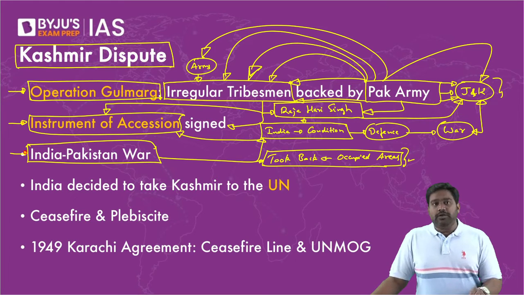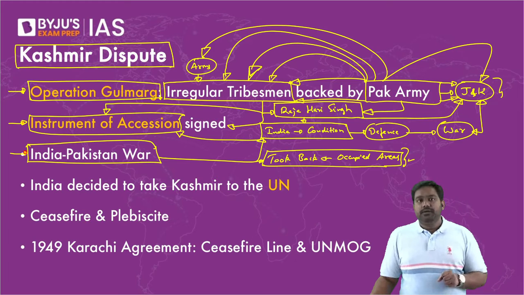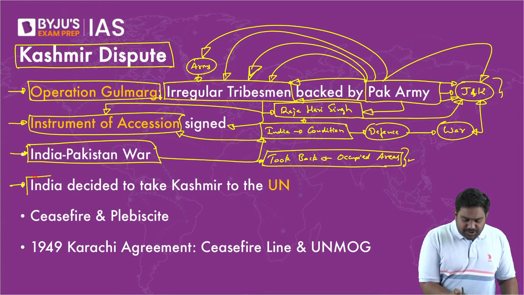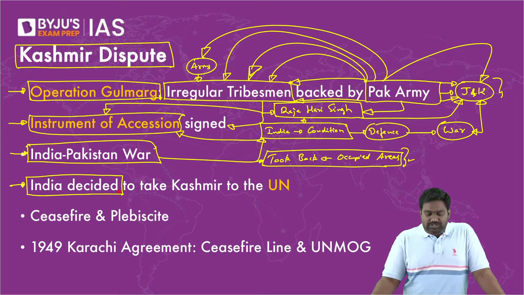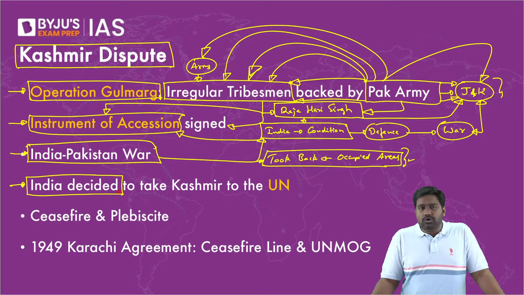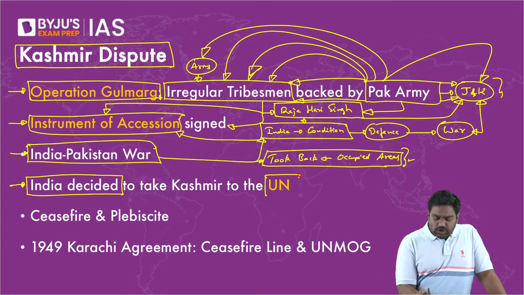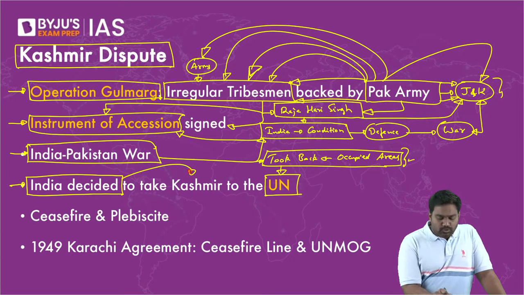So at this point, what India did was we called for a ceasefire. We called for a ceasefire to prevent further damage, to prevent further economic losses, losses of soldiers. And since the war could not be prolonged, we placed faith in a newly created international organization, that is the UN, and we took the matter to the United Nations.